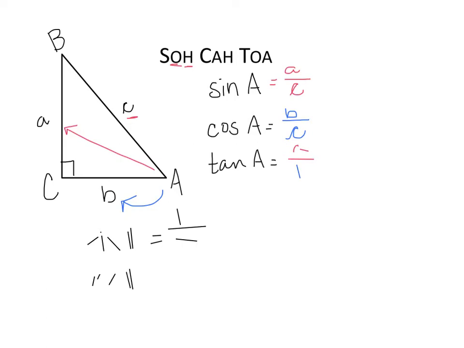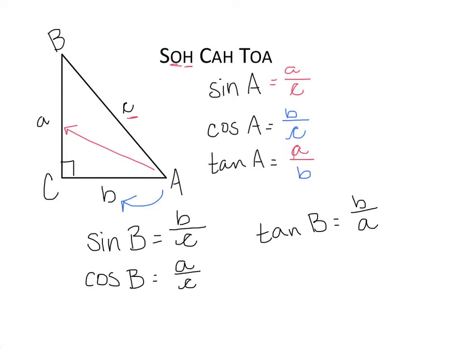The cosine of B will be the side adjacent to B over the hypotenuse, and the tangent of B will be the side opposite of B divided by the side adjacent to B.